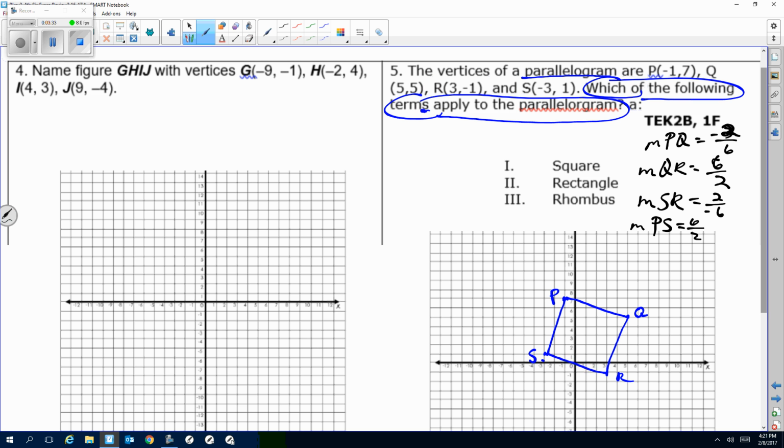So right here, you have opposite slopes parallel, those two right there. So we have arrow, arrow, 2 arrows. Arrows show parallel, so if you ever see arrows on something, you know it's parallel. And then I need to look at my slopes, and my slopes are also opposite reciprocals, because if I look at -2 over 6, if I flip it, the 6 comes on top, the 2 goes on the bottom.